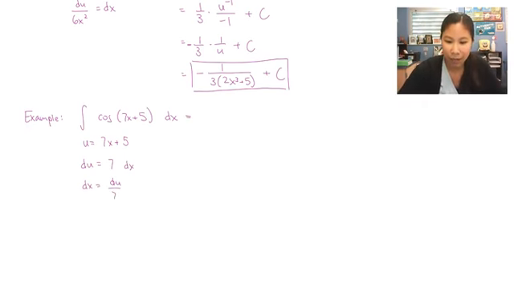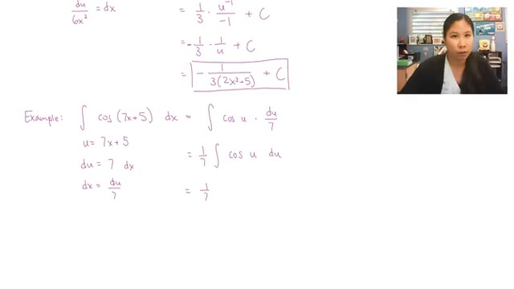So now rewriting my original problem, cosine of 7x plus 5 would become cosine of u. And then the dx would be du over 7. So here, nothing cancels out, but the stuff that's on the bottom of du is just a constant. So I can actually rewrite this as 1 over 7 as a constant on the outside of the integral, and then find the integral of cosine of u du.